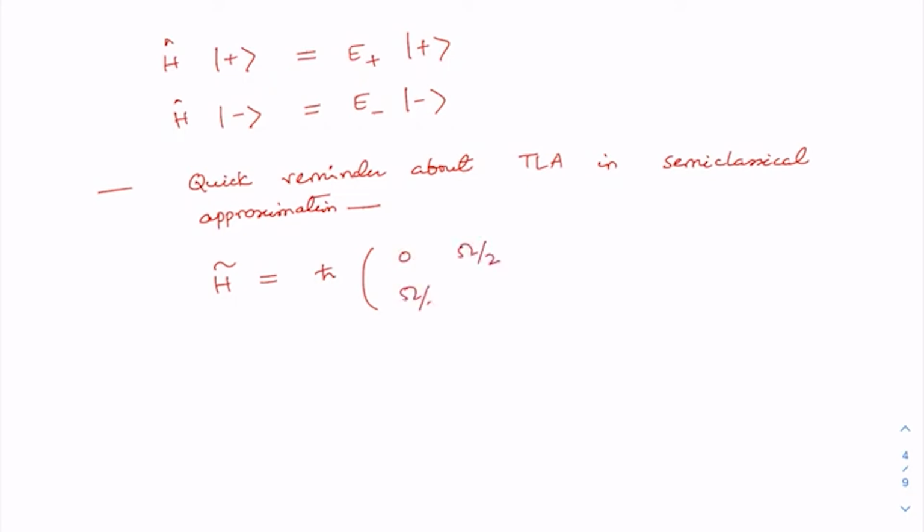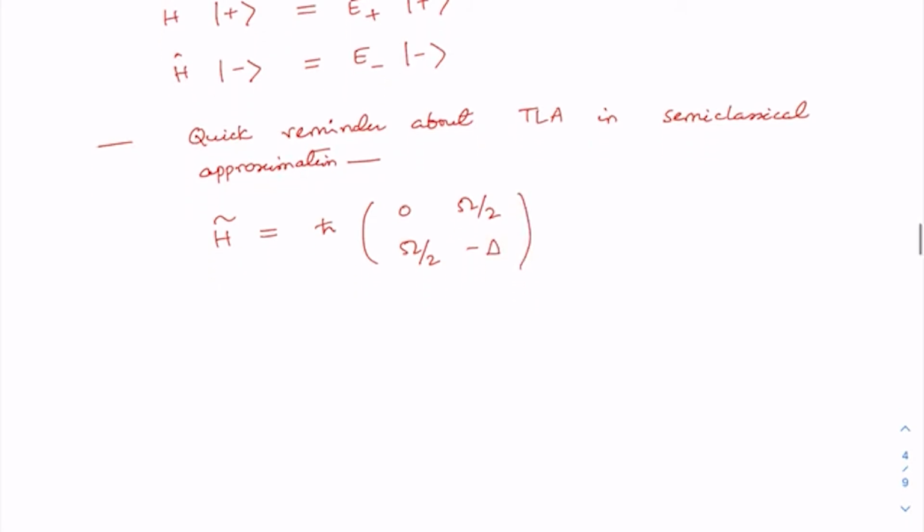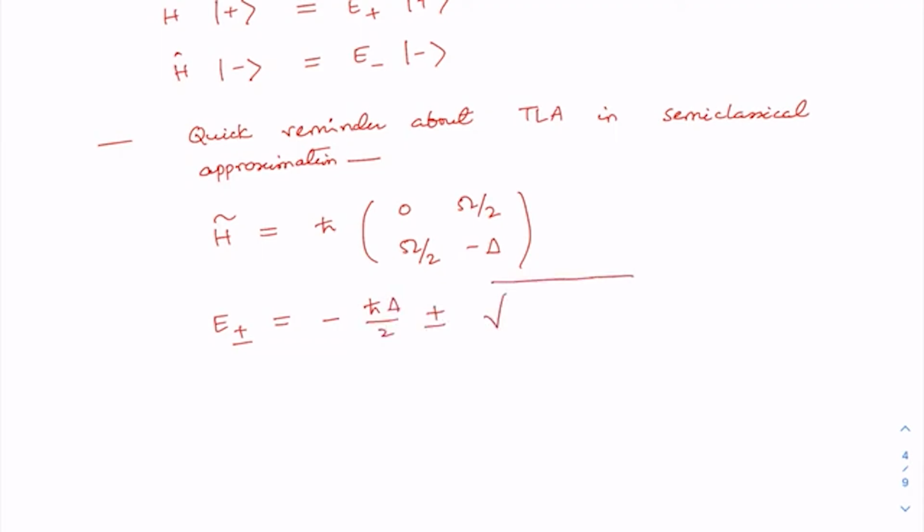Omega is the Rabi frequency, and here you have minus delta. Delta is the detuning parameter, and the eigenvalues of this Hamiltonian we worked out as E plus minus is equal to minus h cross delta by 2 plus minus square root of h cross delta by 2 whole square plus h cross omega by 2 whole square.